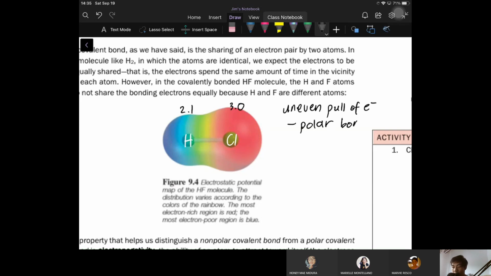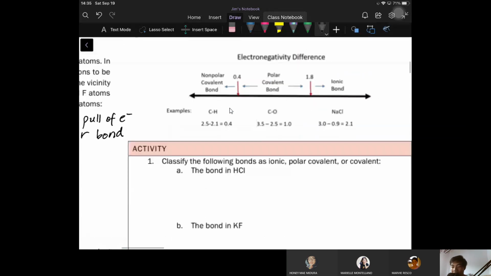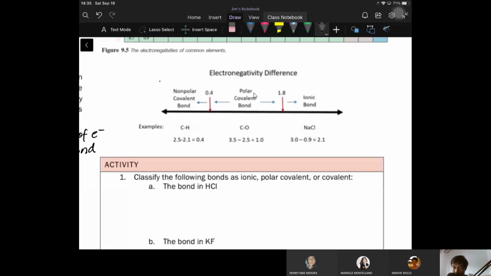Or the bond is polar, no? So, uneven pool, paano natin malalaman, no? May certain criteria, no? So, paano yung criteria? Tingin tayo dito, no? So, ito yung 0, 0.4, 1.8, and beyond, no? So, ang bond daw ay polar if the difference of electronegativity is between 0.4 and 1.8, no?